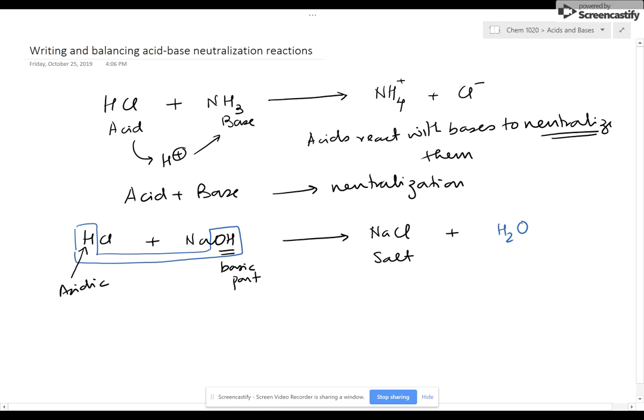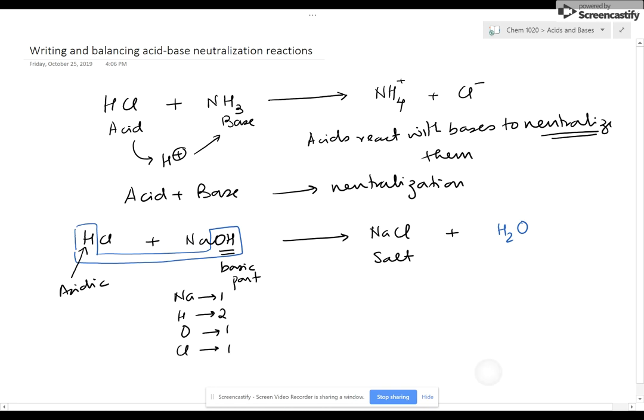Now let's see whether the reaction is balanced. On the left, you have one sodium, two hydrogens, one from the acid and one on the OH, one oxygen, and one chlorine.